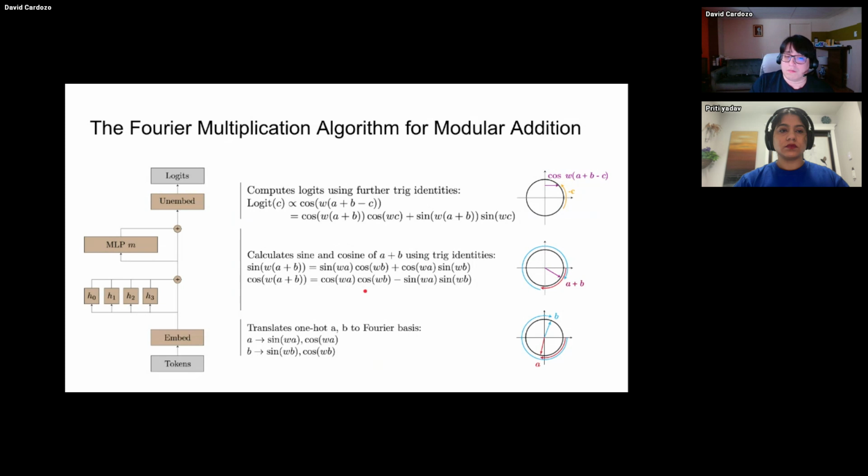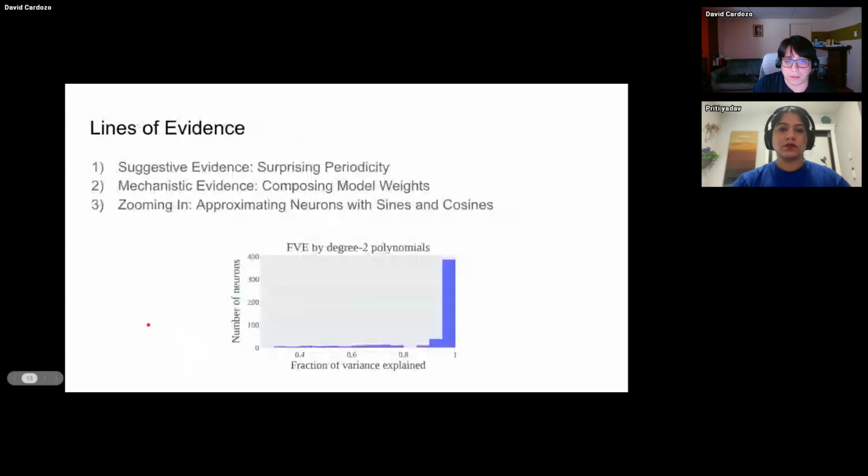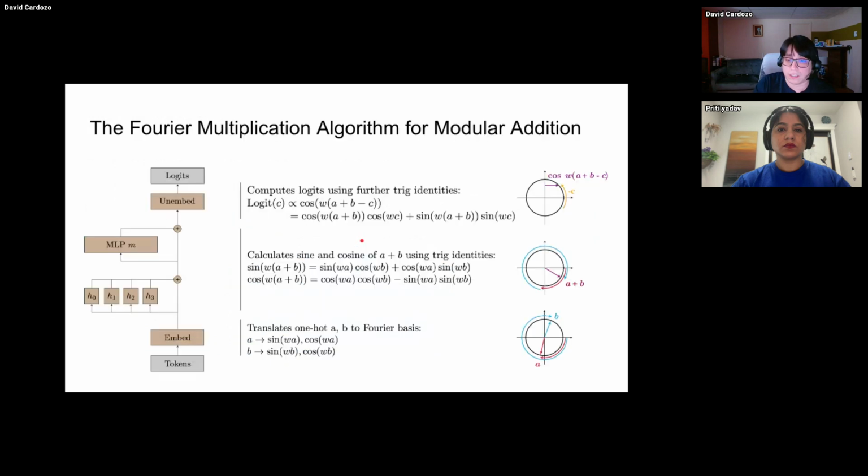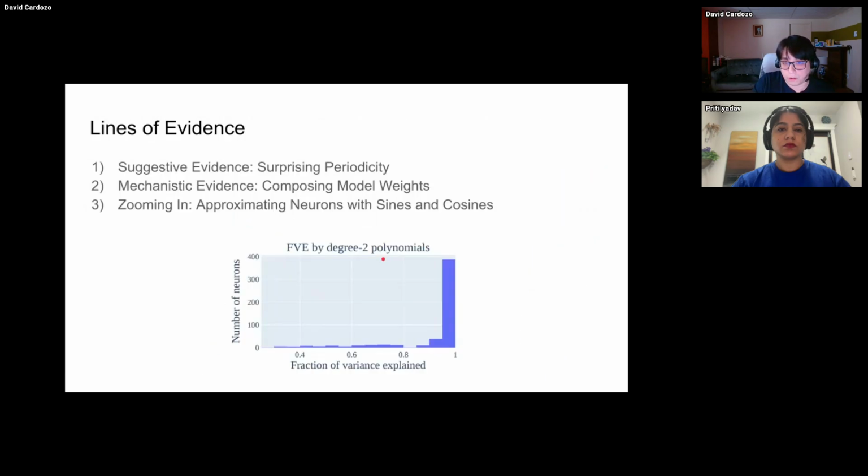So the algorithm, again, I just want to emphasize, is just a matter of sines and cosines, then application of some identities, and then it computes with some voodoo magic to get again the logits. Look at this, these are all periodic operations, and it seems that the model learns to put this even in the embedding parts. The line of evidence in the paper is that if you replace the neurons by just degree 2 polynomials or any combination of sine and cosine, the sum is just a multiplication of 2 numbers, so you can approximate this by polynomials of only degree 2.